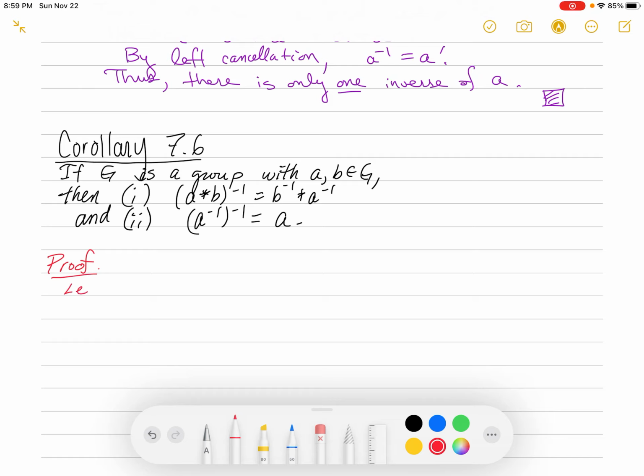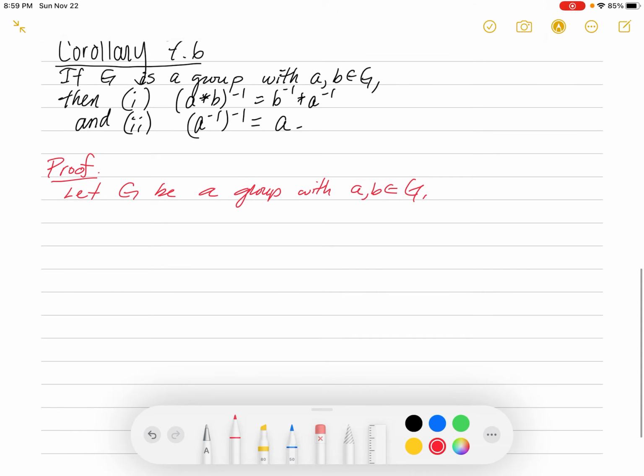So let's say G is a group. Let G be a group with elements A and B in G. I'm going to start with 1.